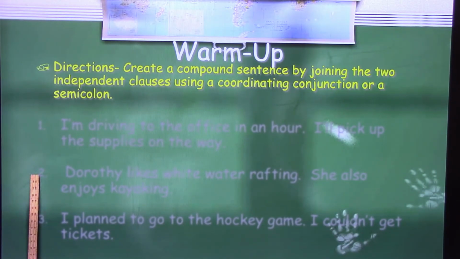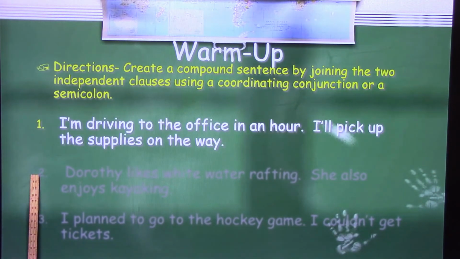Now, create a compound sentence by joining the two independent clauses using a coordinating conjunction or a semicolon. You are going to be given two independent clauses. Then you have to join them together using a coordinating conjunction or a semicolon so that they create a compound sentence. That's the first one. I'm driving to the office in an hour.